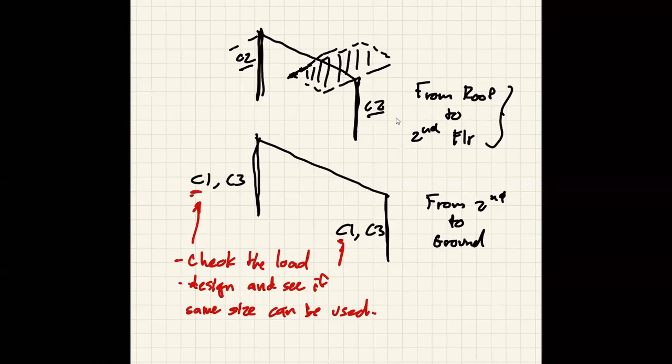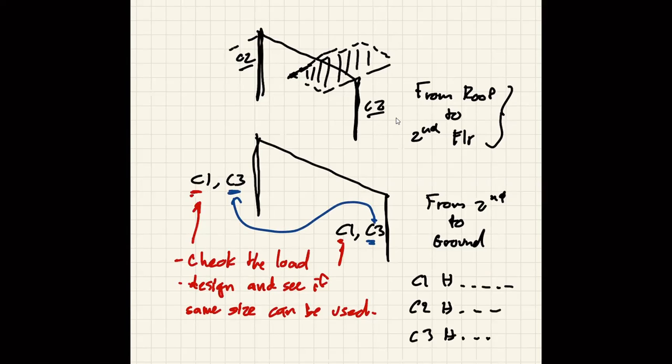And you do the same for C1 and then for C3. Generally you can stick to this detail, and in the end you can say, okay, my C1 is going to be H blah blah blah, my C2 H blah blah blah, and my C3 H blah blah blah.